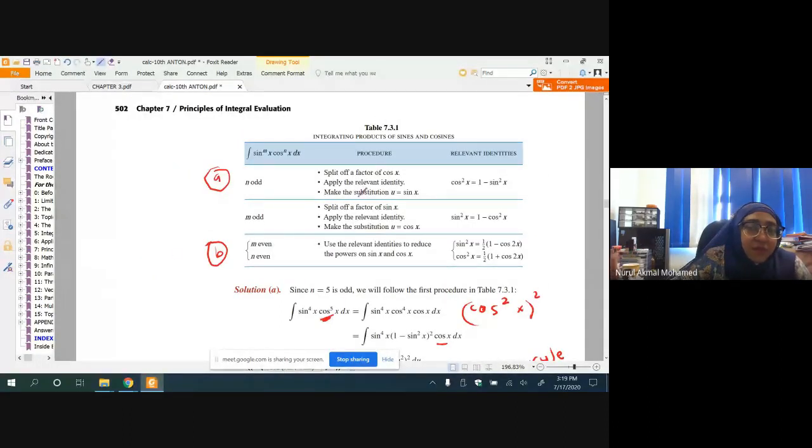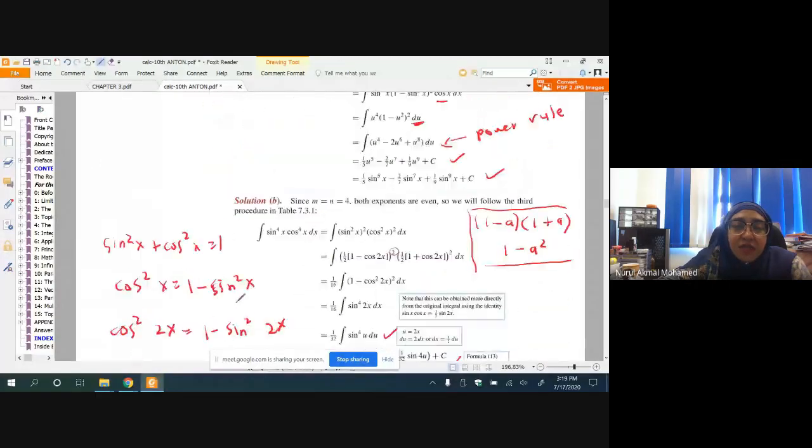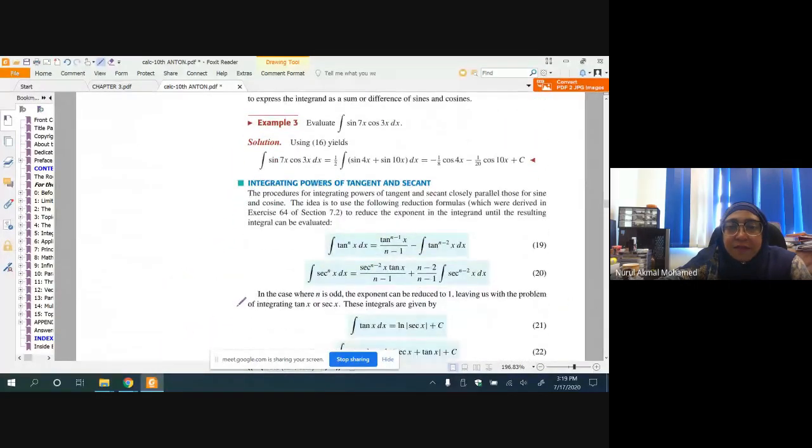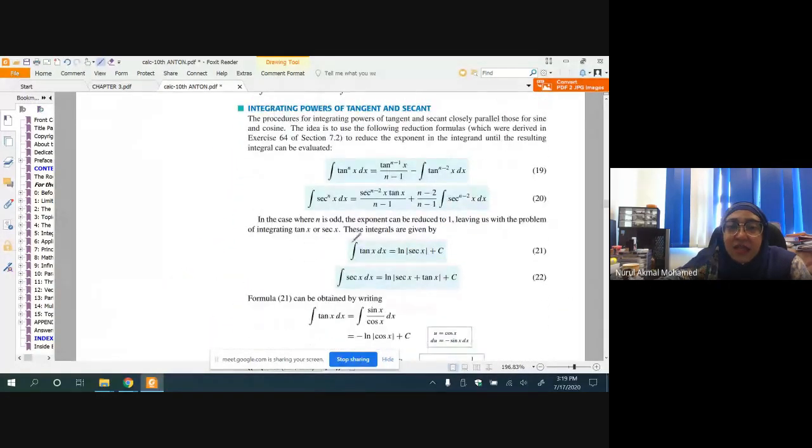When you have multiplication of two trigonometric functions, then you have to solve the integral by using this table. Before that, you have to decide the value for m as well as the value for n. M and n, is it odd or even? Then after that, you can use this table. It's the same for tangent and secant.